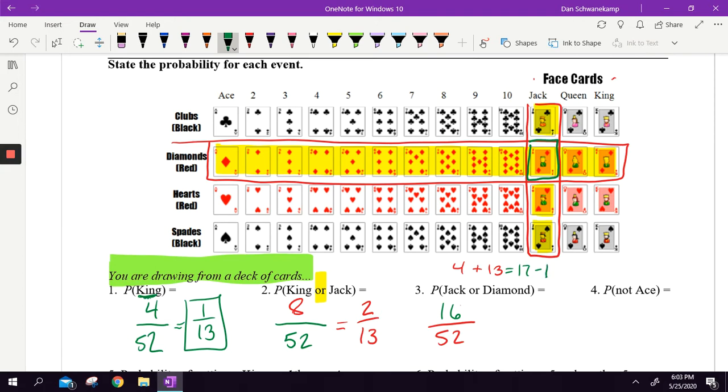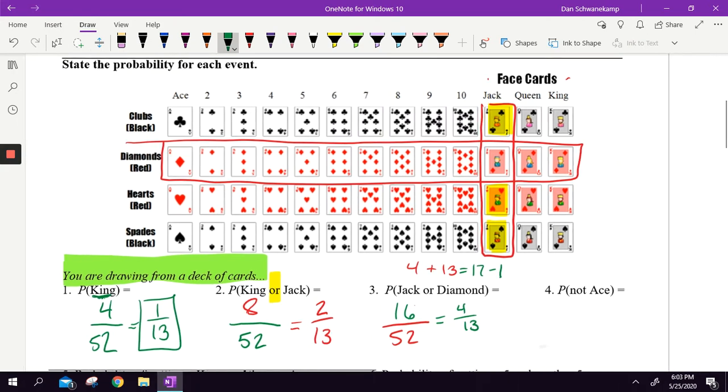So I'm going to subtract one jack of diamonds that falls into both categories. Otherwise, we count it twice, right? If we just did 17, I'd go 13 and then 4, and then you would count this card twice. Instead, we remove it, we subtract it. That way we only count it one time as we set this thing up. So it's 16 out of 52. If we divided by 4, we'd get 4 out of 13.